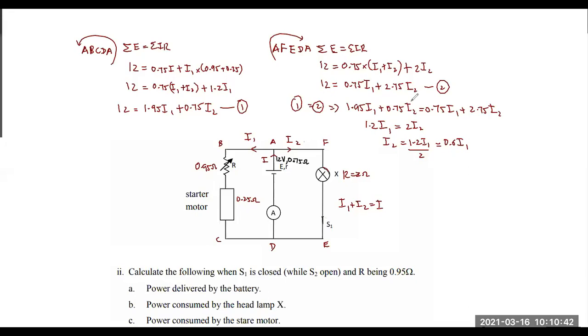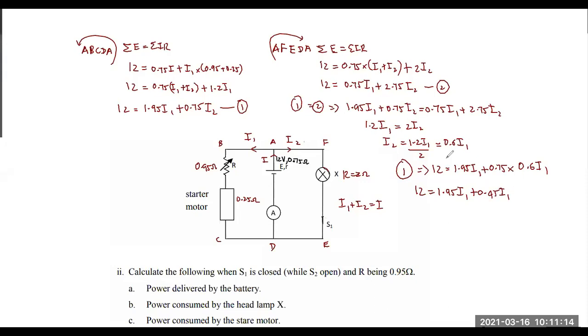So which equation shall we use? I'll go with the first equation. Let's substitute that in the first equation. What will I be getting? 12 equals 1.95 I1 plus 0.75 into, for I2, you can substitute 0.6 I1. So 12 equals 1.95 I1 plus 0.75 into 0.6, that is 0.45 I1.